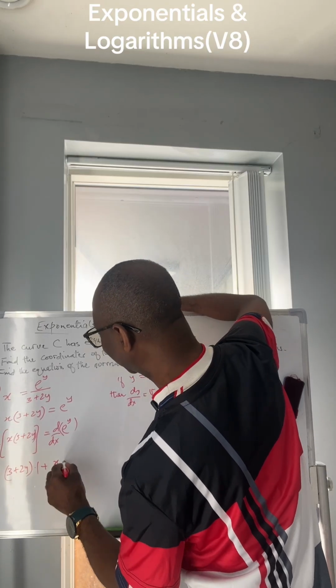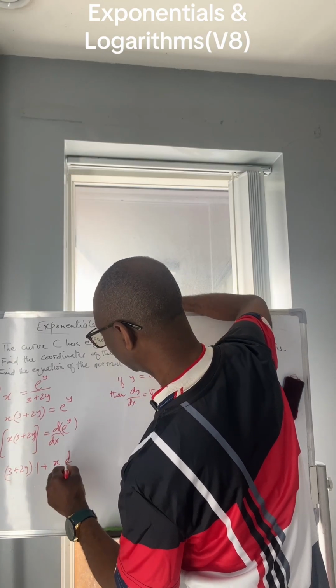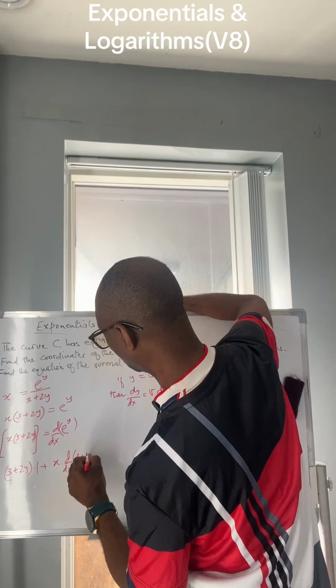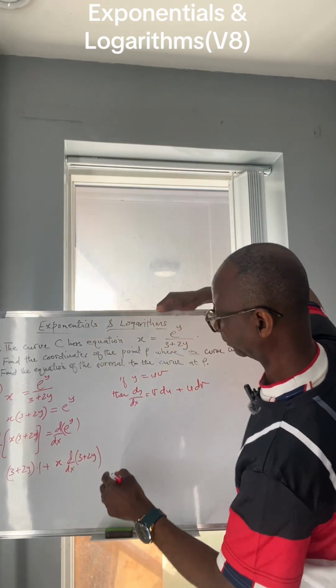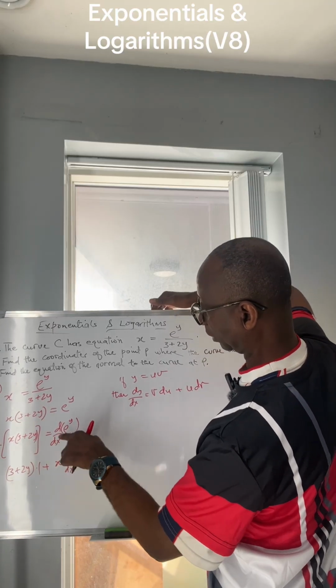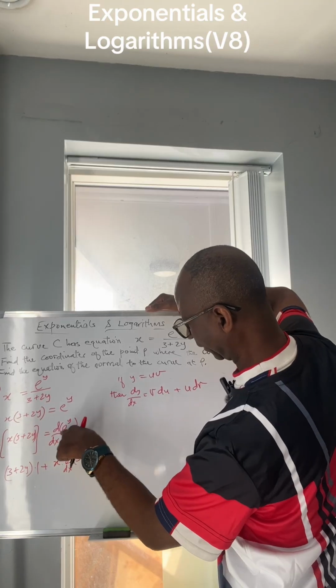Second case, this was v du, now u, which is x, dv. We are now differentiating d dx of 3 plus 2y. And again, we are differentiating because this is an implicit function. So what do we do here? Again, we are differentiating this.